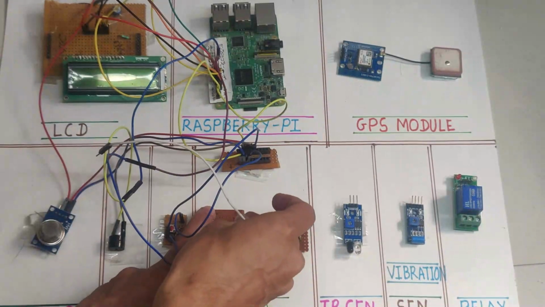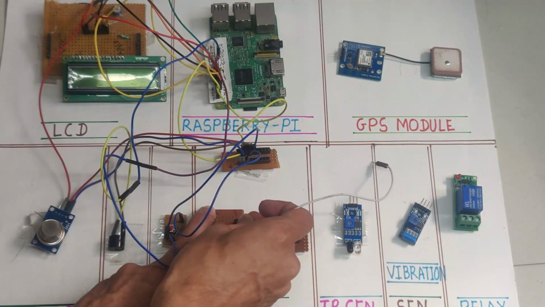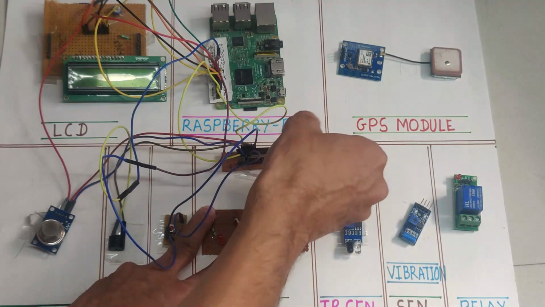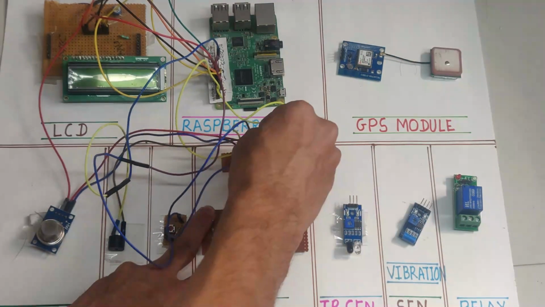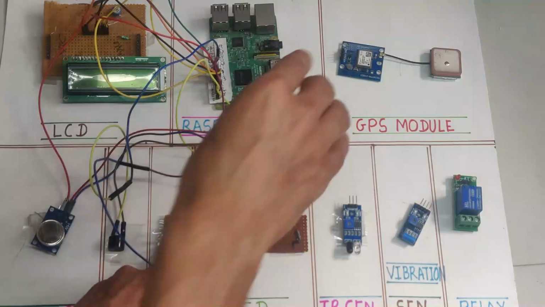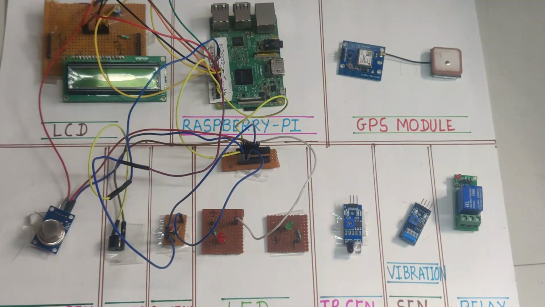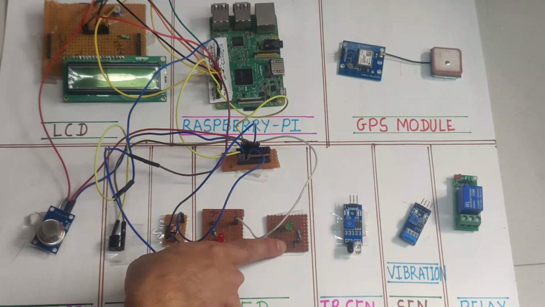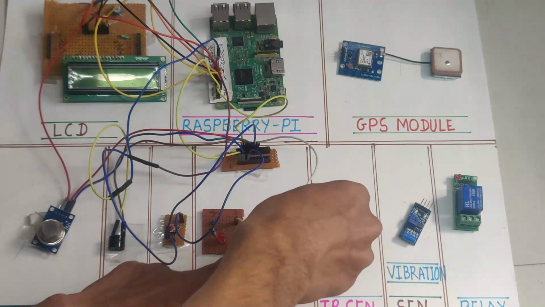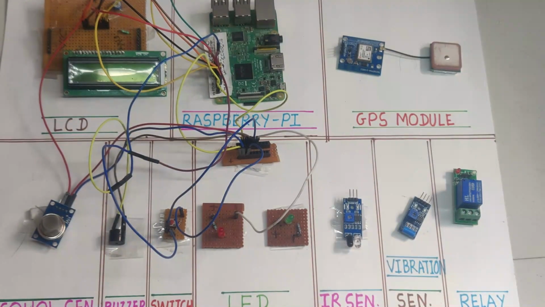So I will connect the negative pin of this LED to the common ground pin, and the same for the negative pin of the green LED.